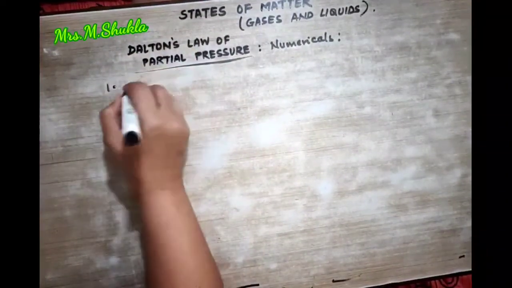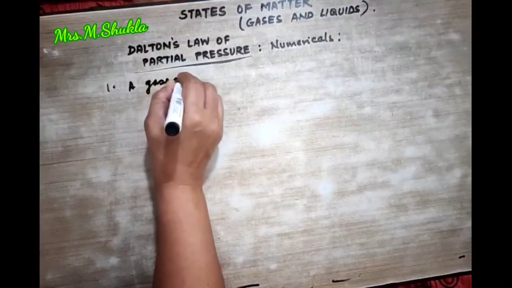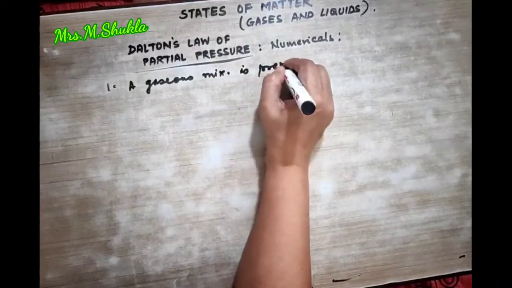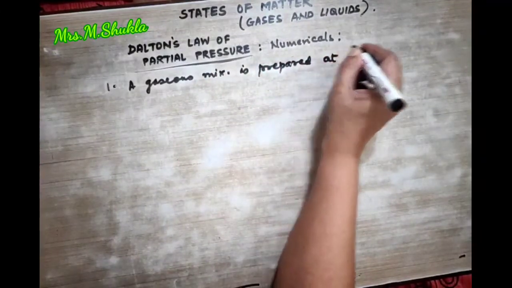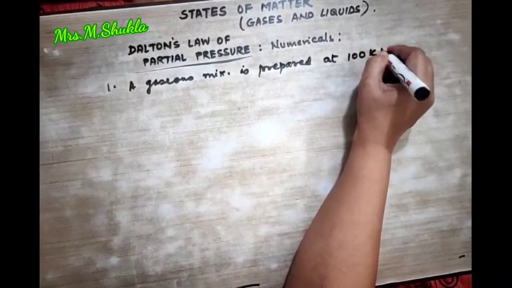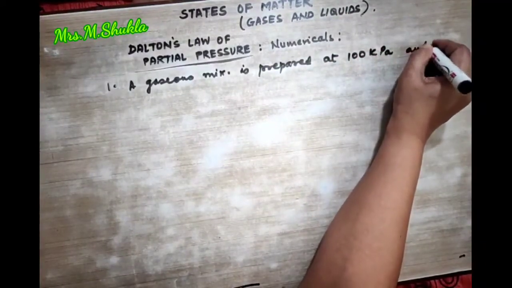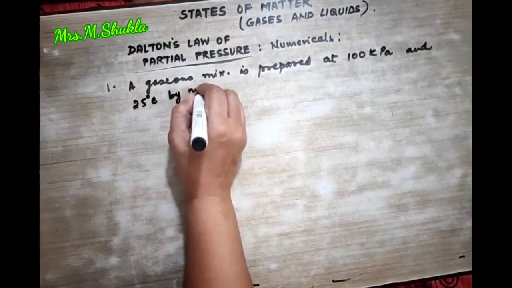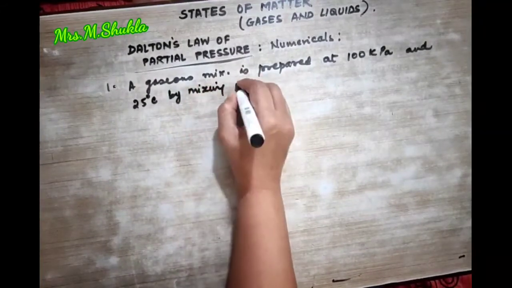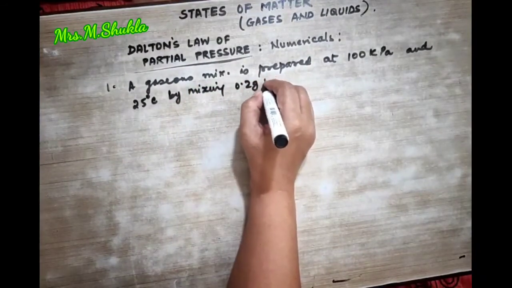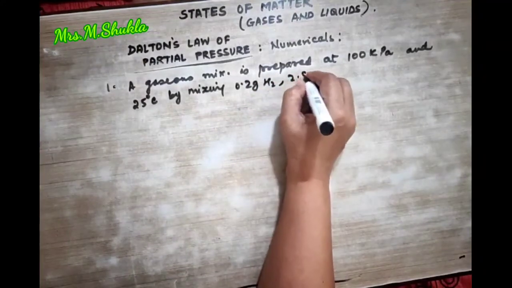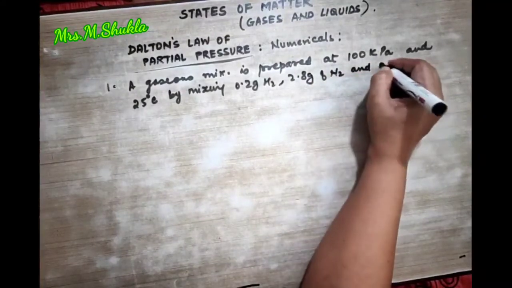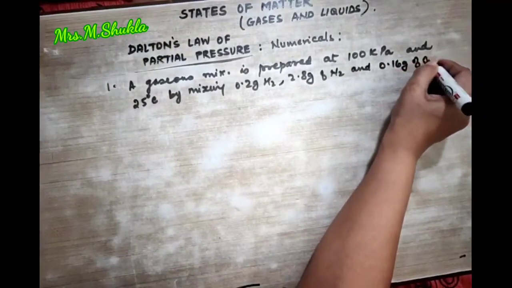So the first question could be like: a gaseous mixture is prepared at 100 K and 25 degrees by mixing 0.2 grams of hydrogen, 2.8 grams of nitrogen and 0.16 grams of oxygen.